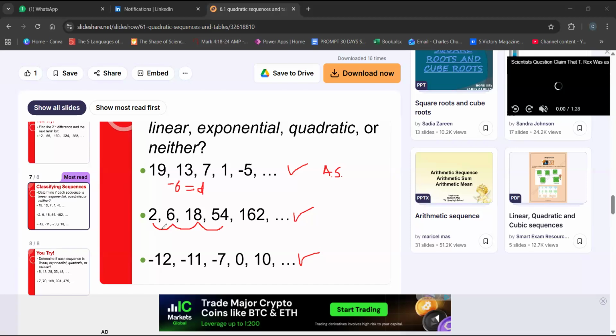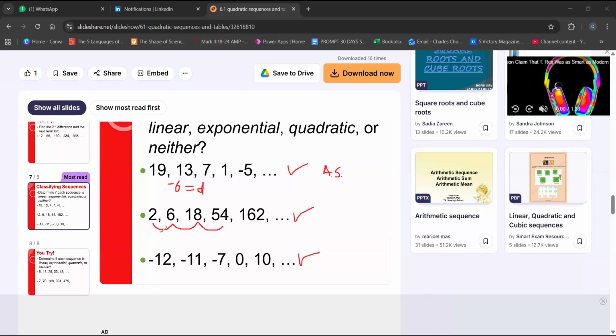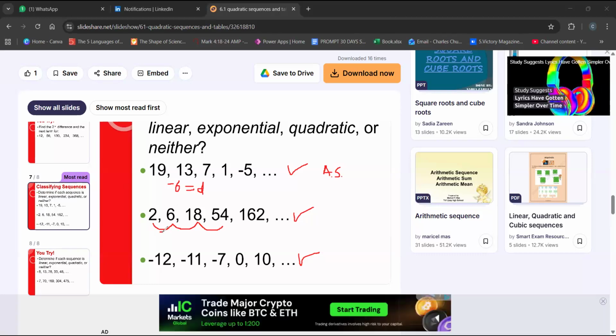Do you want to check if it's geometric? I've done it. It was 4, 12, 36, and then 8, 24, 72. Okay, so that means it's not quadratic.